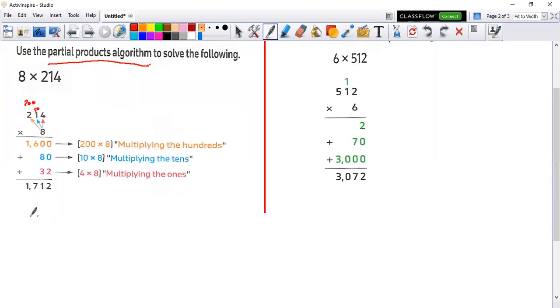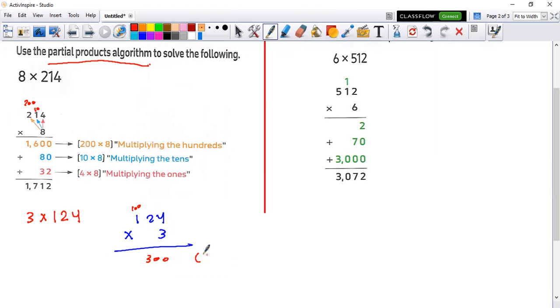If we take another example, 3 times 124. Okay. Put here 124. 3. 1 here is 100. 3 times 100 equals 300.